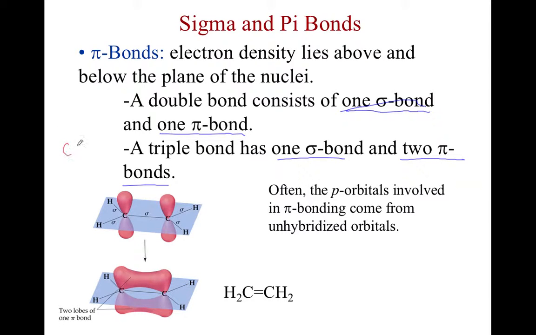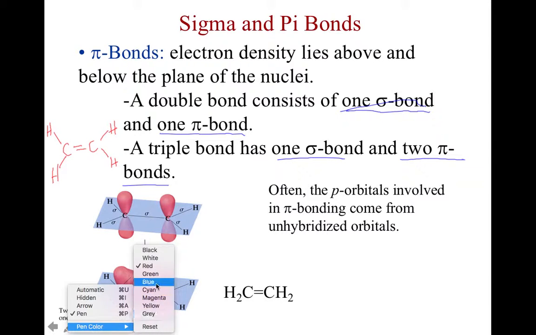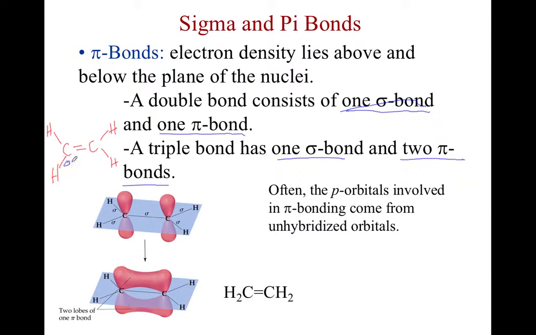So when we were looking at the Lewis structure on the previous slide, we said that we have our carbon double bonded, two hydrogens on each, and we said that those single bonded hydrogens are sigma bonds. Okay, now we know that a double bond consists of one sigma bond and one pi bond.